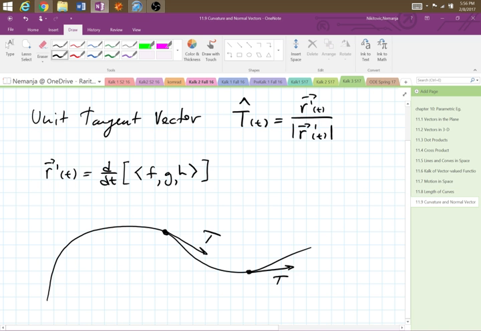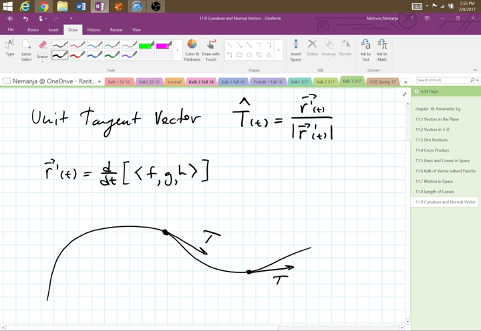I understand it's a grim example, but it's an example. We're talking about the roller coaster, right? And at one point it derails, right? So which way is it going to go? It's going to go in the direction of the tangent vector. That's what the tangent vector can show.